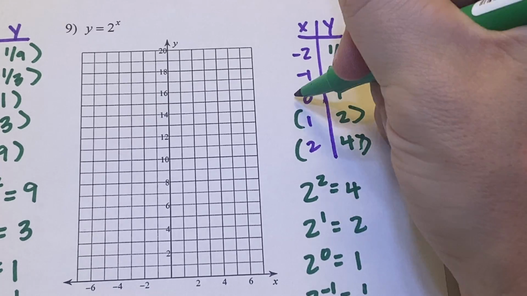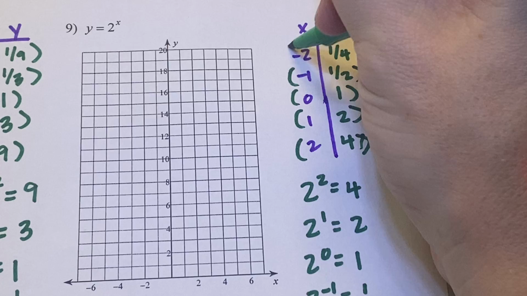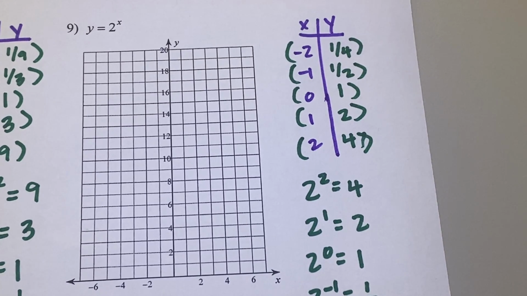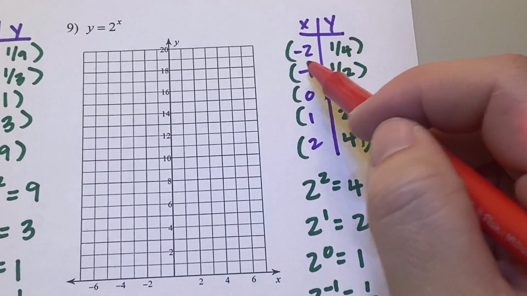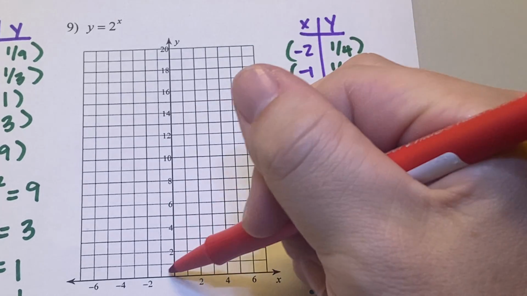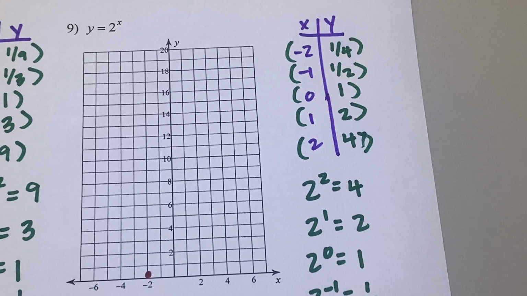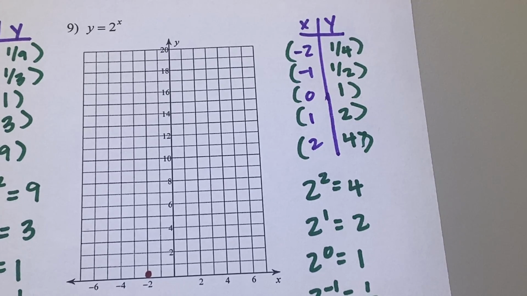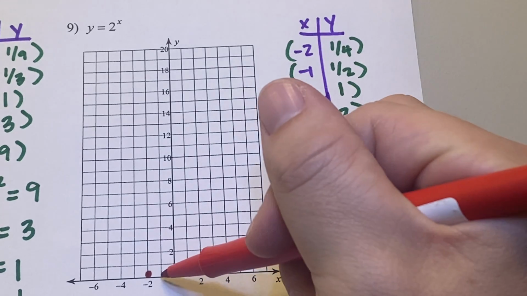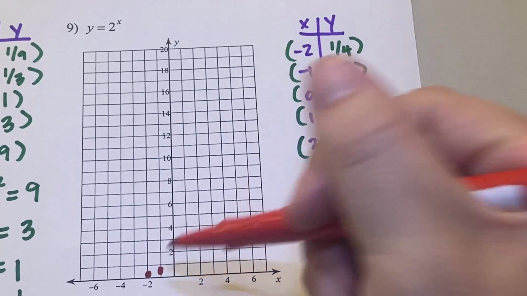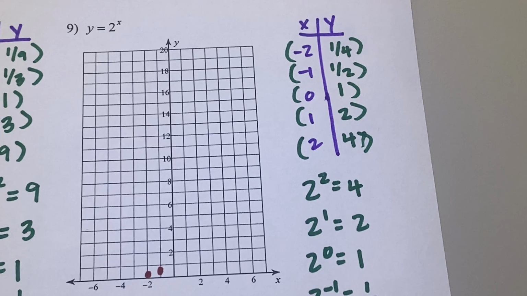Whoops, parentheses around our coordinate points. All right, so my first coordinate point is -2. Find -2 and then go up 1/4, just a teeny tiny bit up. -1, 1/2, teeny tiny bit up, a little higher than the last one.